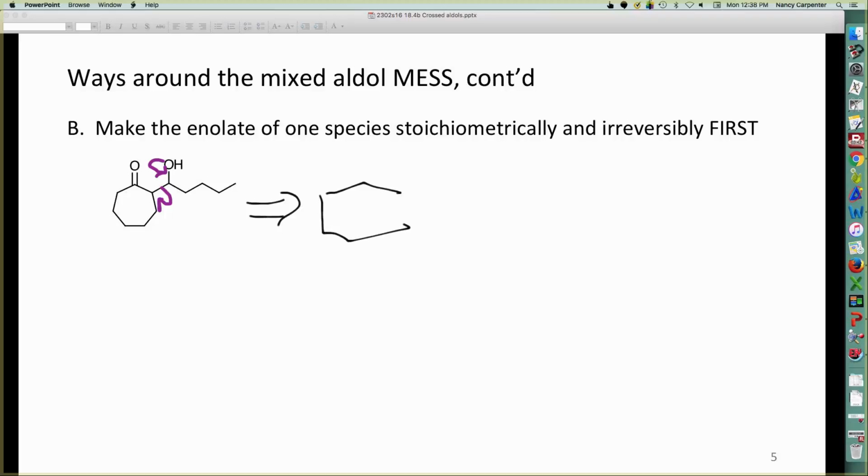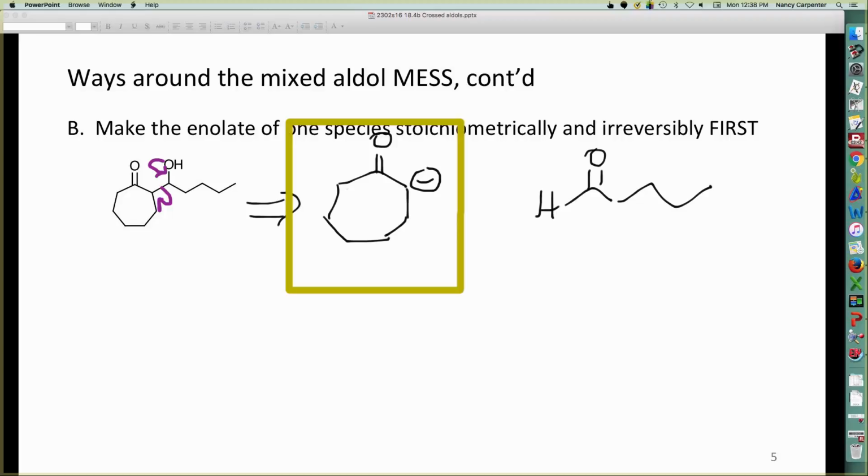That's not the 7-membered ring. Those dreadful 7-membered rings, so hard to draw. I want to make this enolate, and I want to react it with this aldehyde. So if I can just figure out a way to make this first, and then make sure I add this to that enolate, I shouldn't have any trouble.